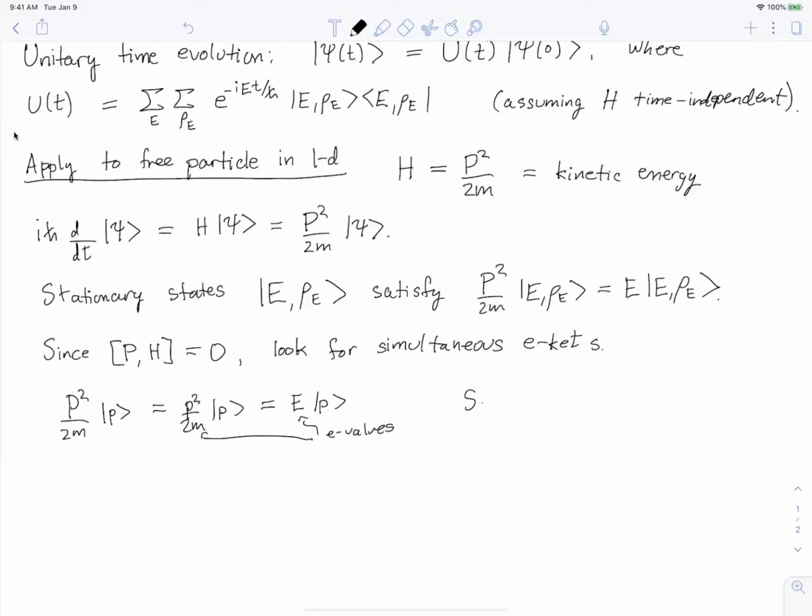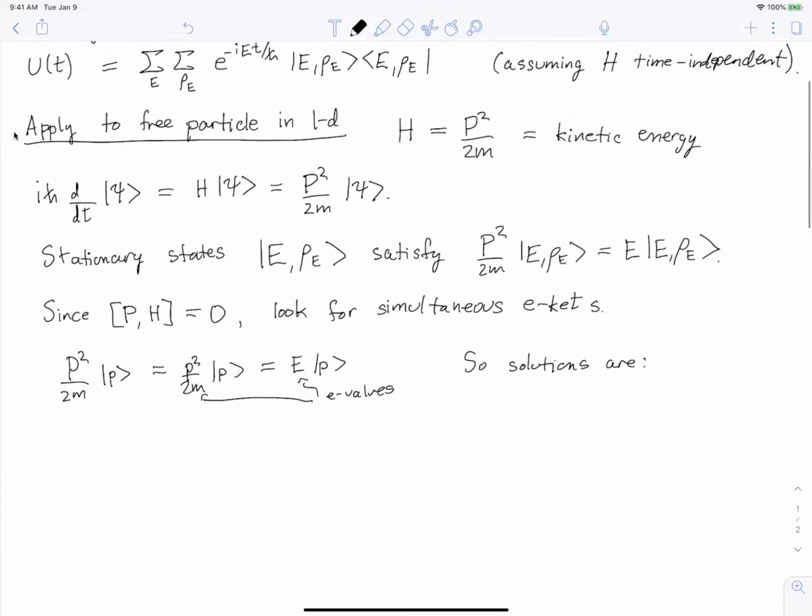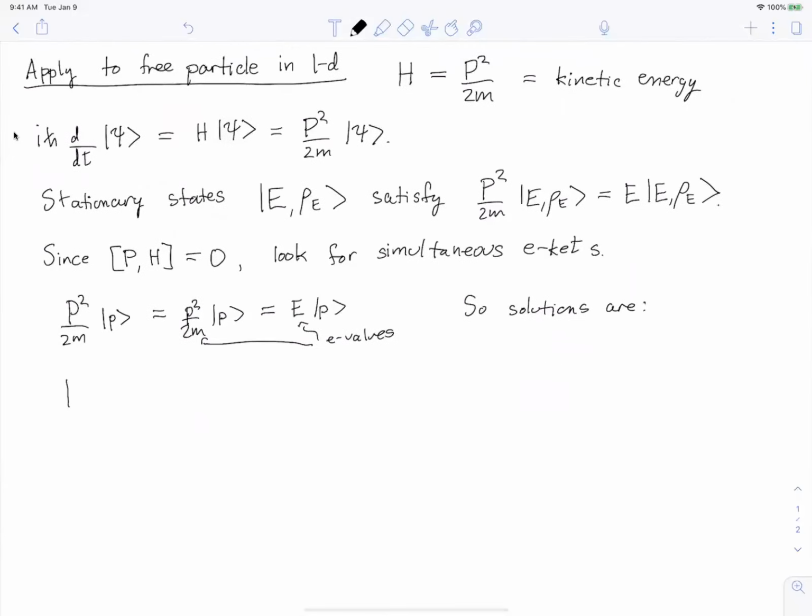The solutions of this equation have the form that there's an energy eigenket that I'm going to label right, or right moving, which has momentum p equals the square root of 2m times the energy, all within the ket.